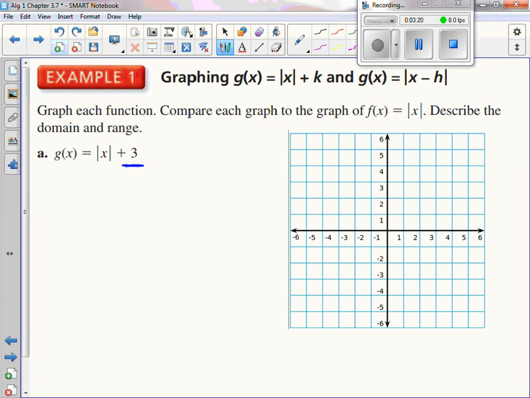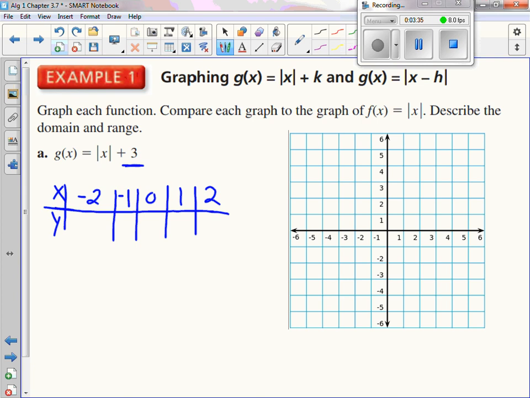Now another way we can look at it is with an x-y table. We're mainly going to use these numbers here, -2, -1, 0, 1, 2, as long as it's not moved left or right.